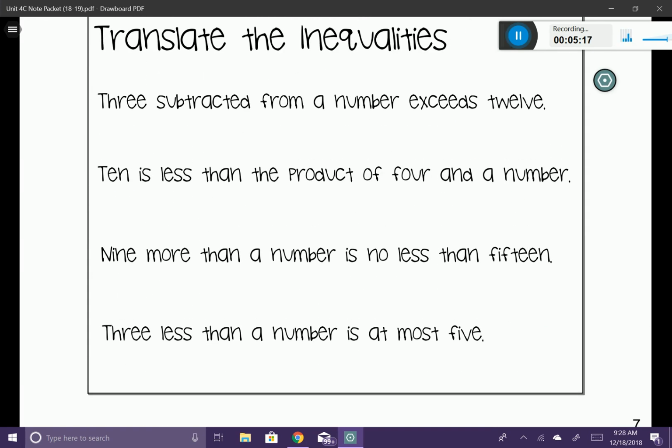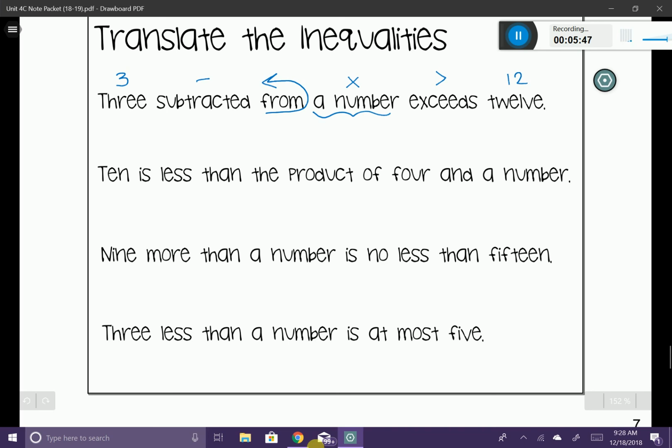3 subtracted from a number exceeds 12. All right, let's annotate this. 3 subtracted. If we remember from our previous unit, we talked about the switcheroo words: from, than, and to. From is a switcheroo word, so we're going to switch it around. So 3 subtracted from a number exceeds. Well, exceeds is going to be our greater than symbol, 12.